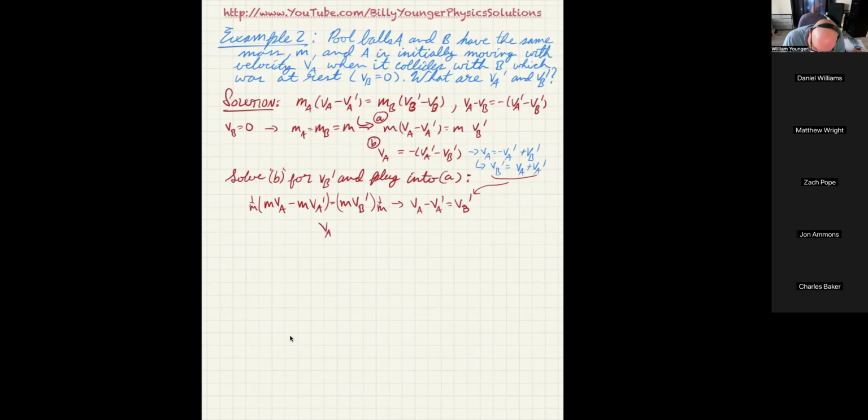That's going to give me VA minus VA prime is equal to VA plus VA prime. Now you can see what happens if I subtract VA from both sides. I'll say minus VA minus VA. And then what I get is obviously negative VA prime equals positive VA prime, which implies VA prime is equal to 0.